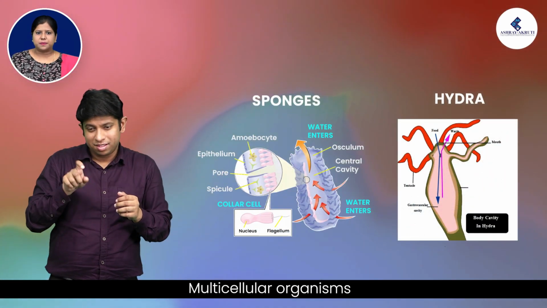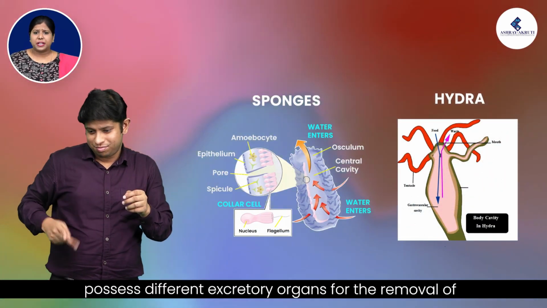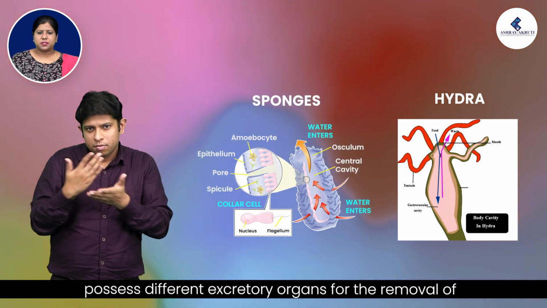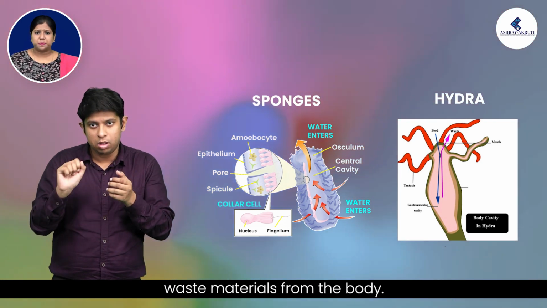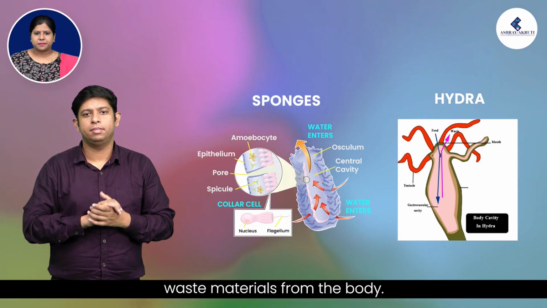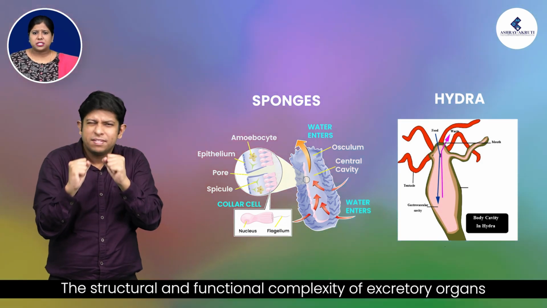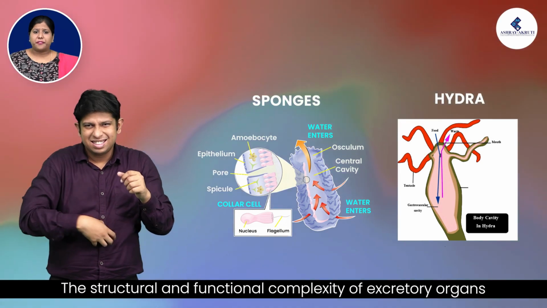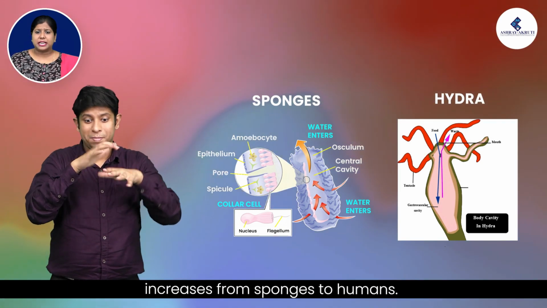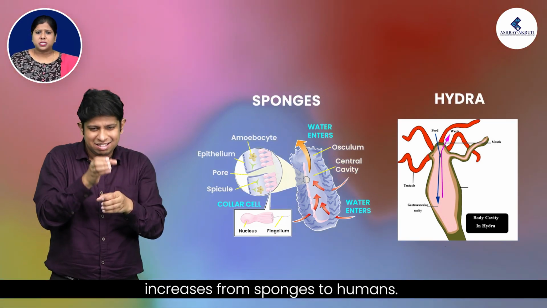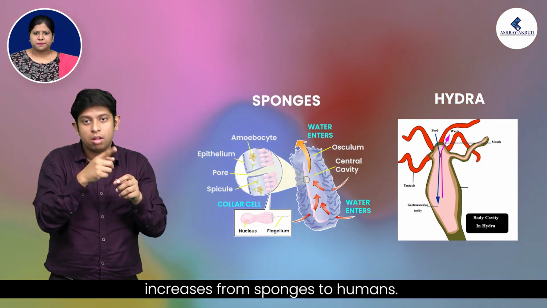Multicellular organisms possess different excretory organs for the removal of waste materials from the body. The structural and functional complexity of excretory organs increases from sponges to humans.